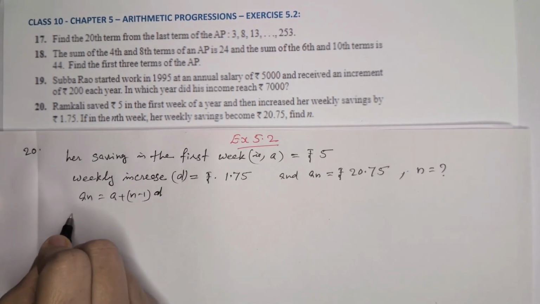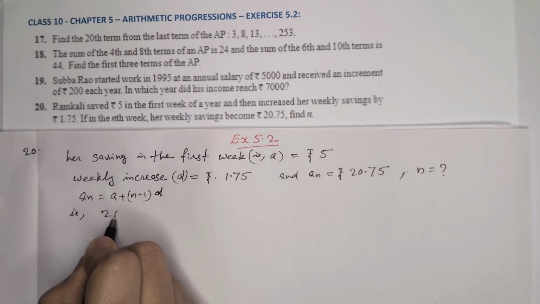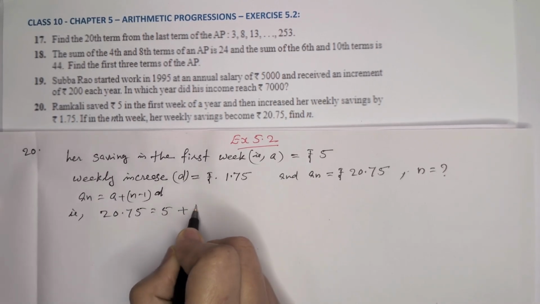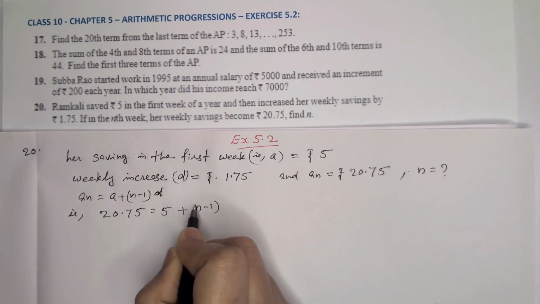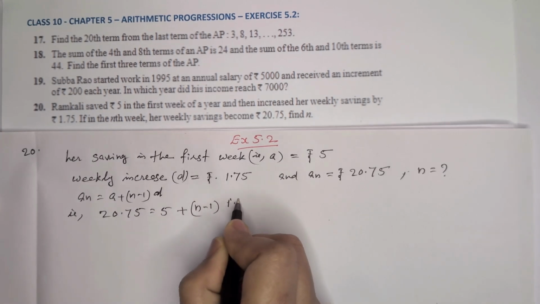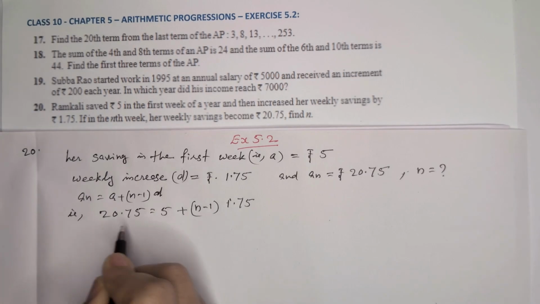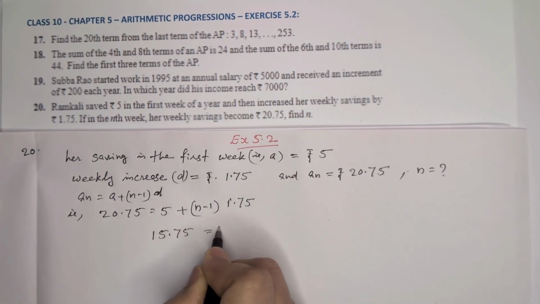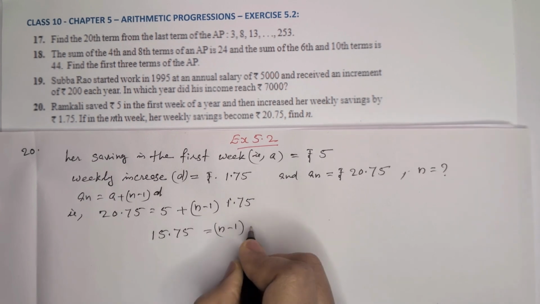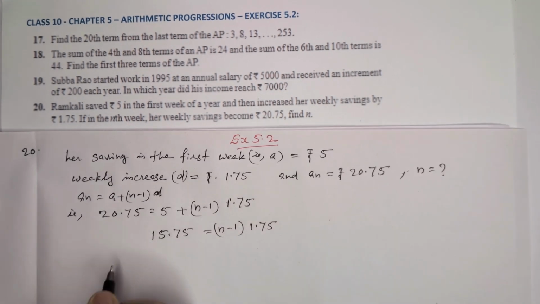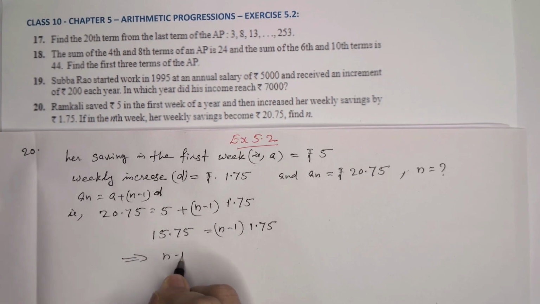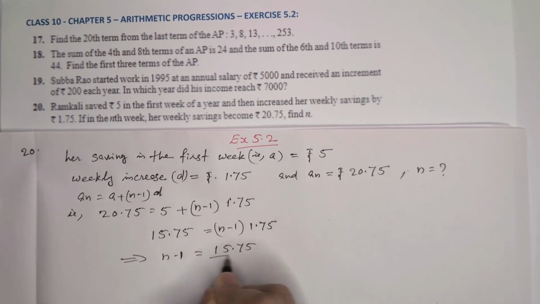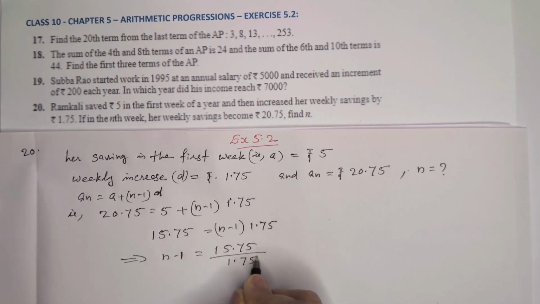In that, an is equal to 20.75, is equal to a, which is 5, plus (n minus 1) into d, which is 1.75. Moving 5 to the other side, it will become 15.75 is equal to (n minus 1) into 1.75, which implies n minus 1 is equal to 15.75 divided by 1.75.